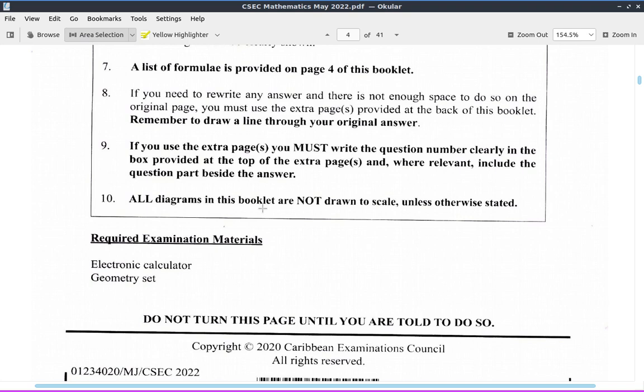Right? Some students might tend to just answer a question and they don't even put which question they're answering or which part of the question they're answering. Whoever is marking, they don't have time to be searching, trying to find out, is it this question you're answering or that question you're answering, right?